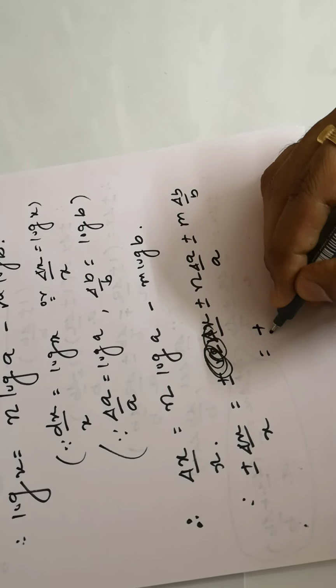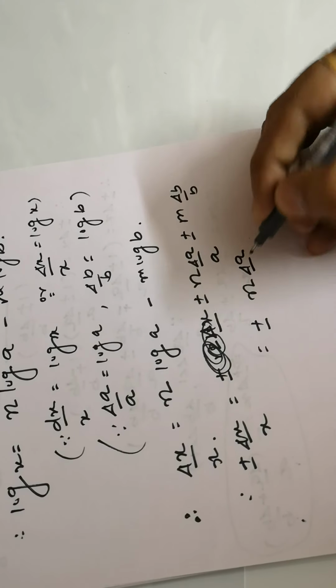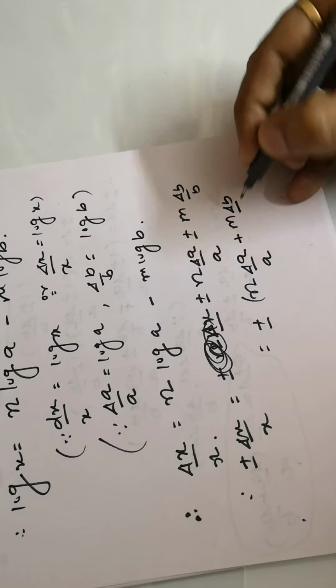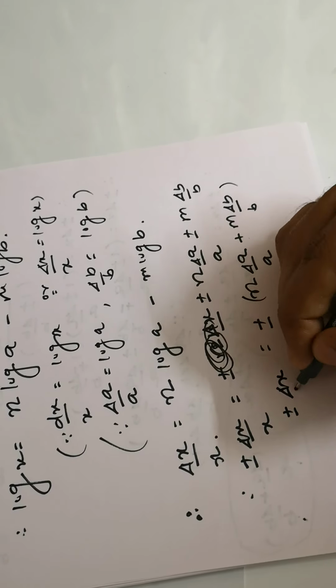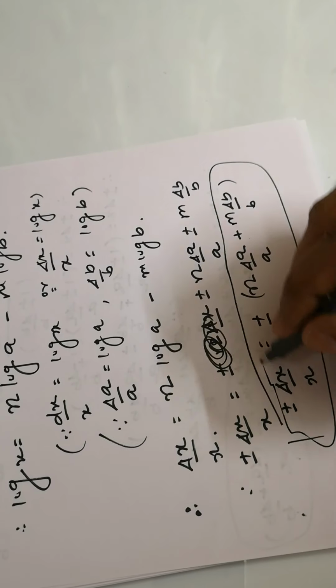As per our rule we are putting plus or minus outside, so I can have n times delta a by a plus m times delta b by b. So this is called error in the powers, error that contains powers.